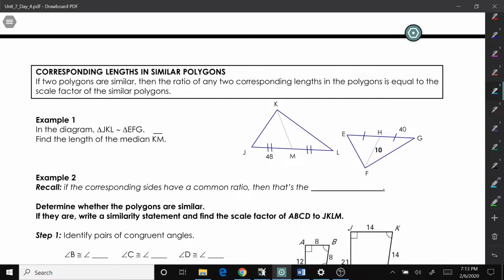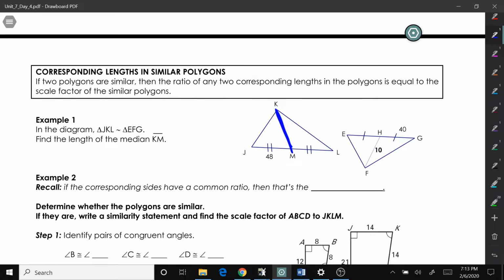So we're going to be using these similarity properties to find lengths of segments in shapes, I should say. So in this diagram it says triangle JKL is similar to triangle EFG. Find the length of the median KM. So we're trying to find this length here.